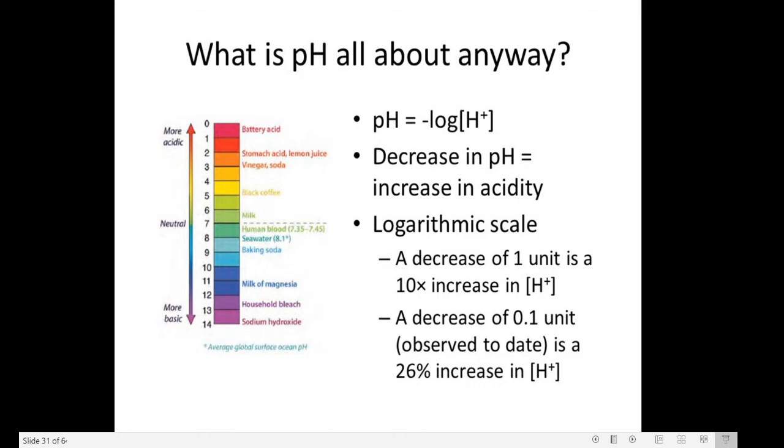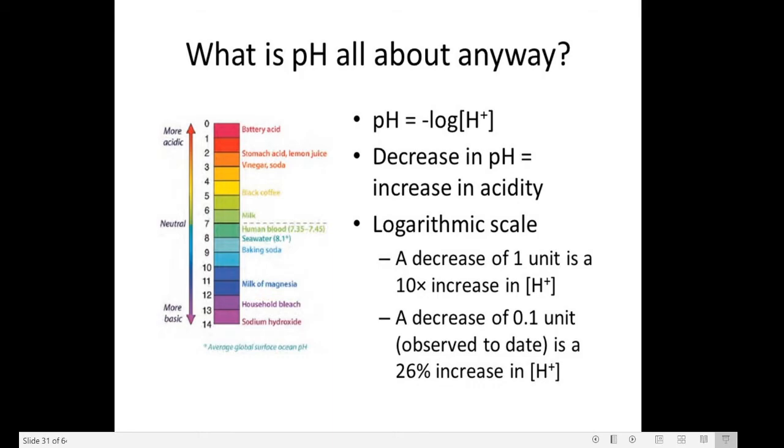If a solution has a pH of 7, that is neutral. Below 7 is called acid, above 7 is called base.